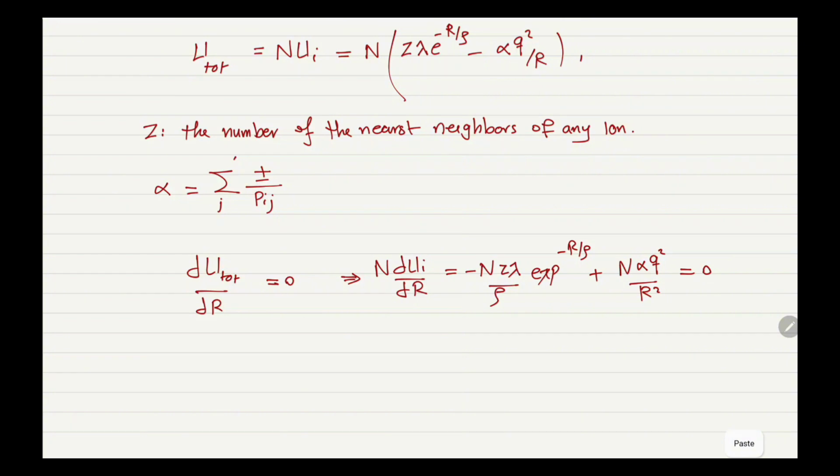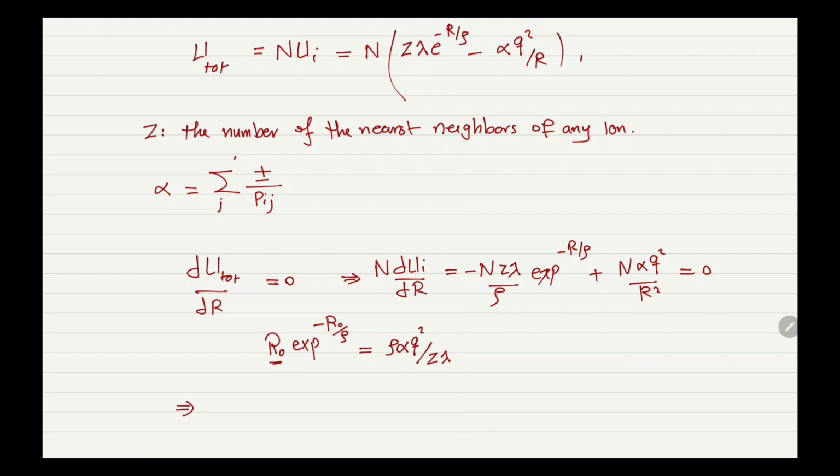And at R naught, exponential of minus R naught over rho equals rho alpha q^2 over Z lambda. From this equation we can determine R naught.